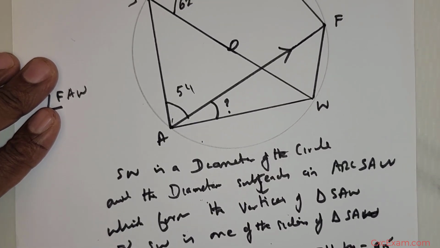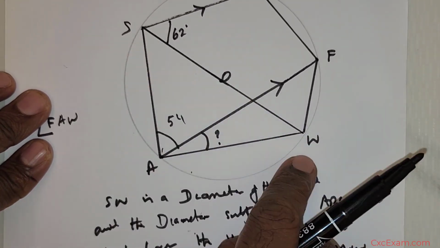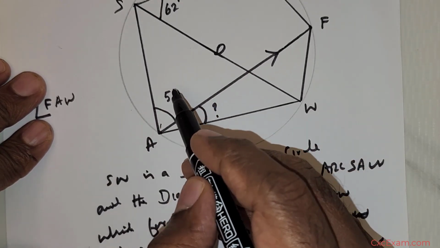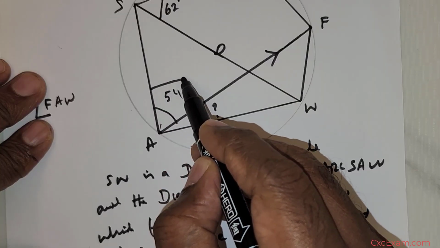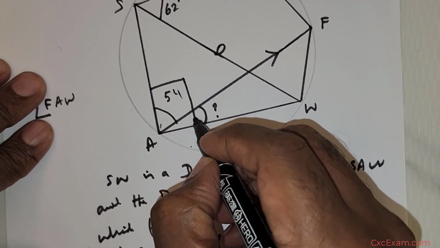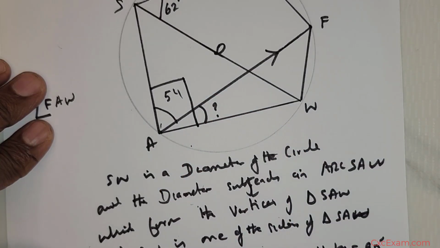Now from the figure clearly these two angles cannot be 90 degrees. So the only possibility is this is going to be 90 degrees.